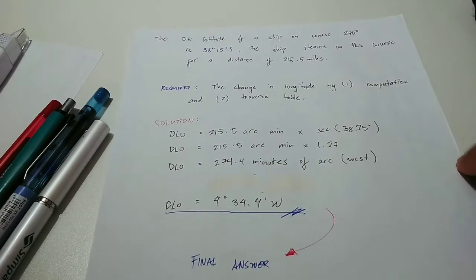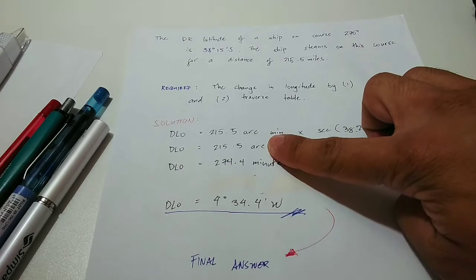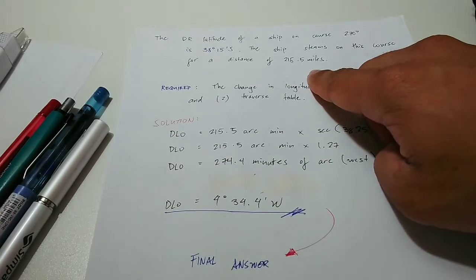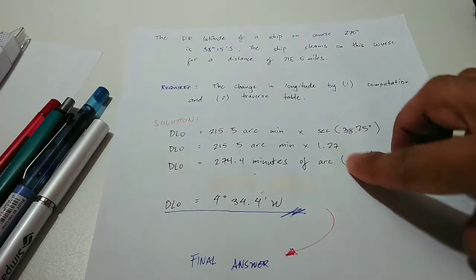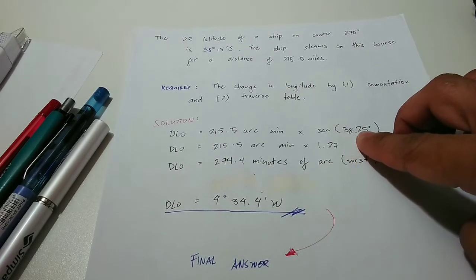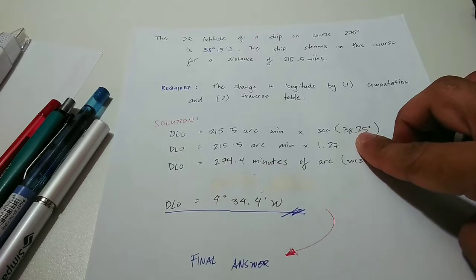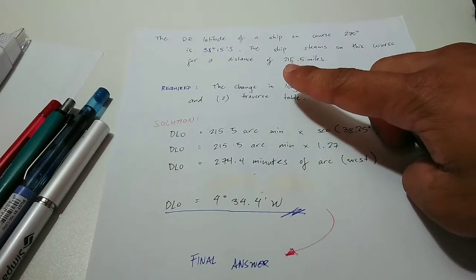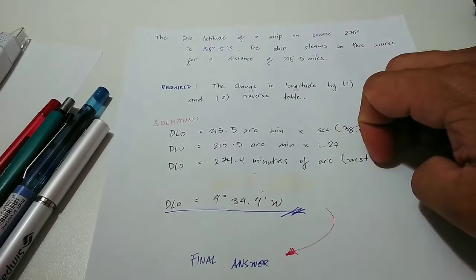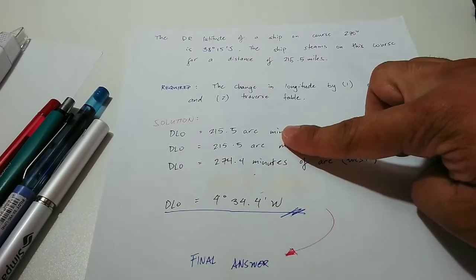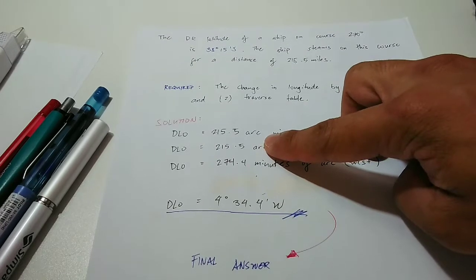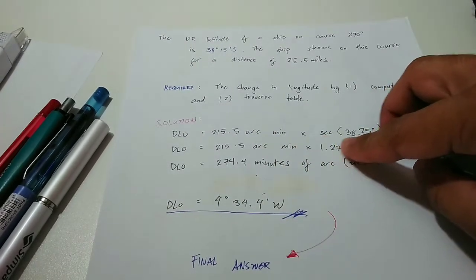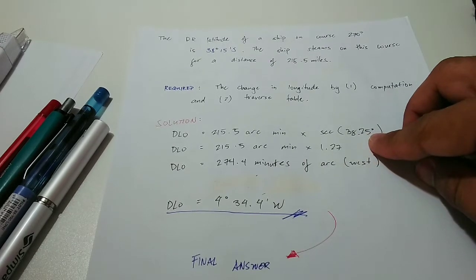215.5 is the distance that we get from the given. Then 38.25 degrees we also get from the given. Then D long is equal to 215.5 arc minutes times secant 38.25 degrees.